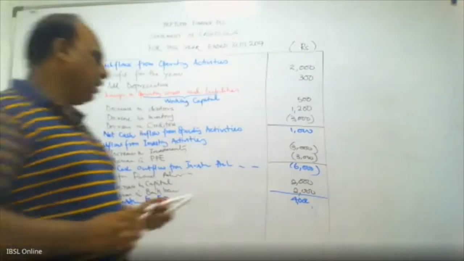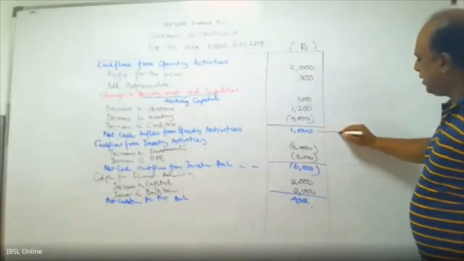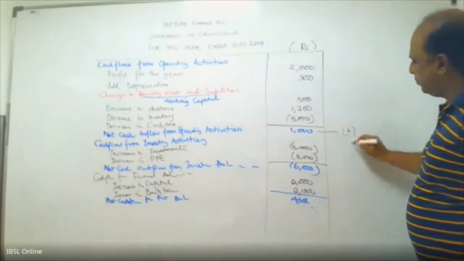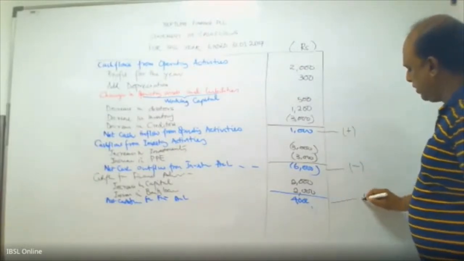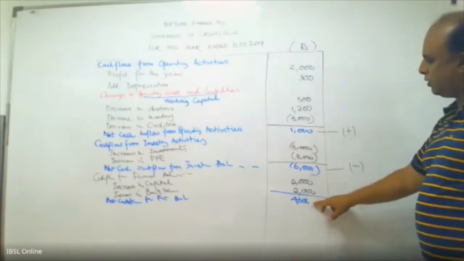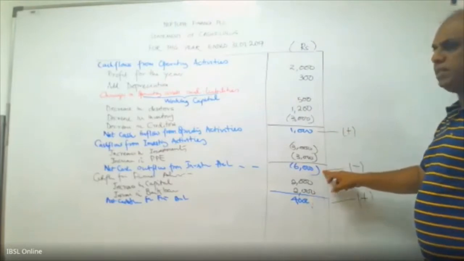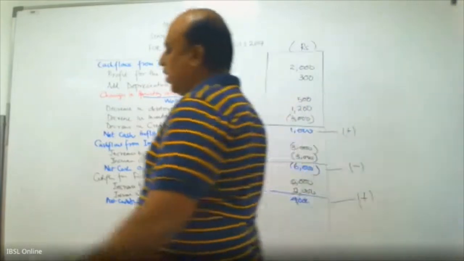So ultimately, if you see here, 1,000 cash inflow, 6,000 cash outflow, 4,000 cash inflow. Right? So ultimately, what has happened? 1,000 plus 4,000 is 5,000. Minus 6,000 means there is a 1,000 cash outflow.